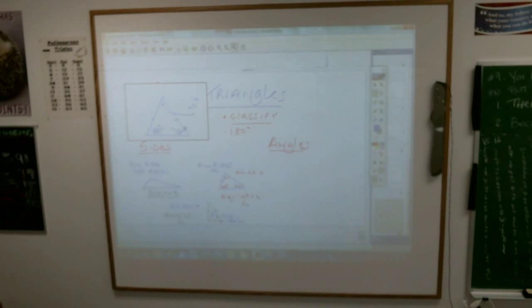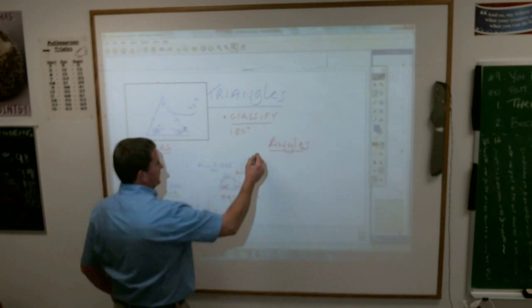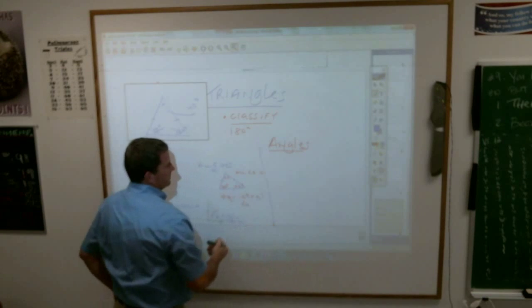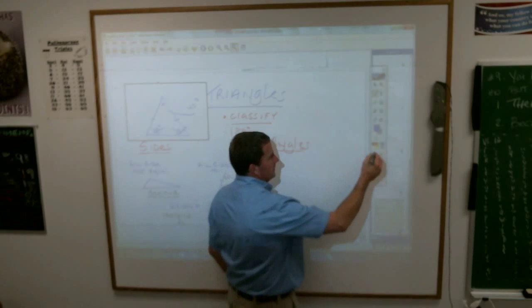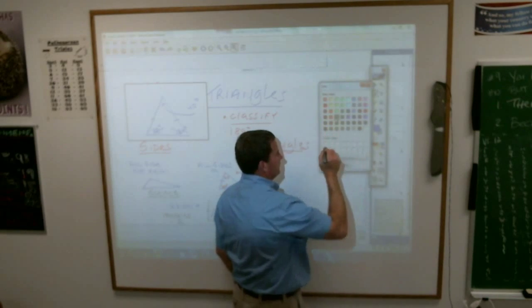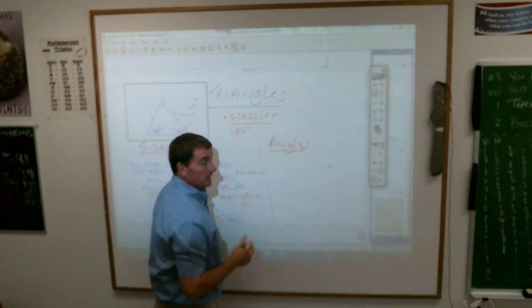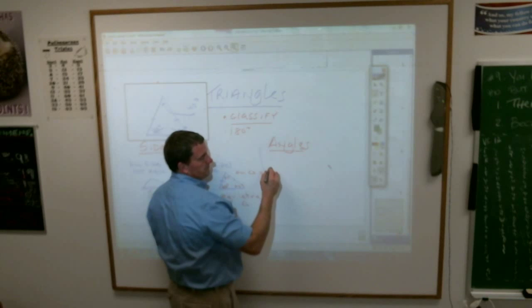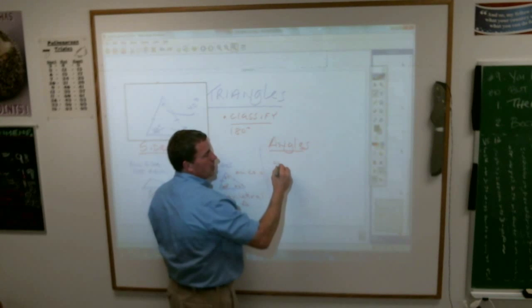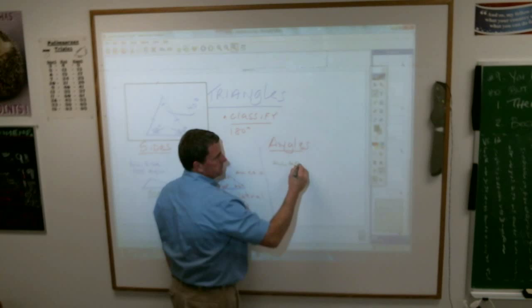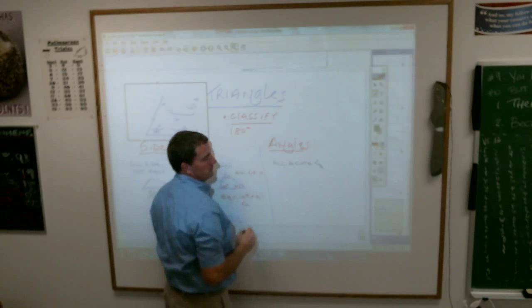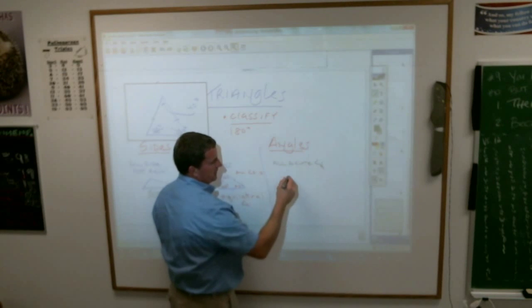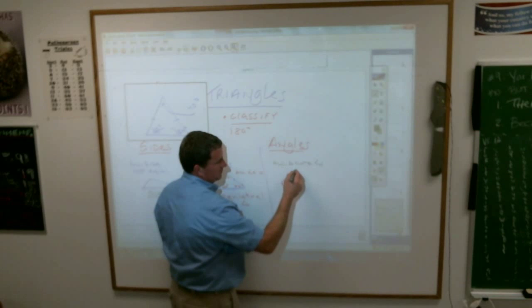Good point. Now, let's look at that. So this is classifying by their sides. Now by their angles. And there are really only three different ways we classify them by their angles. They either have all acute angles, which looks like this.